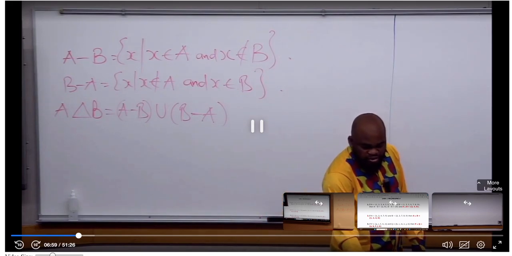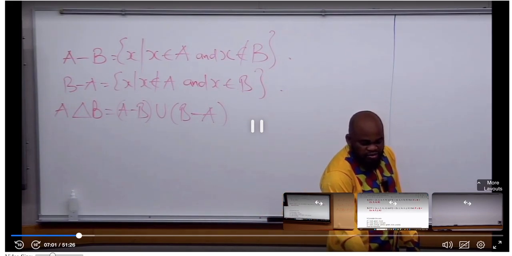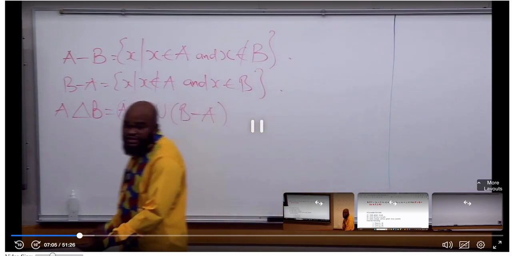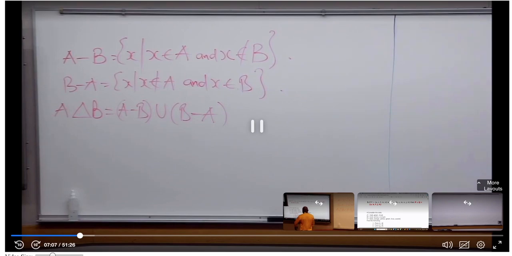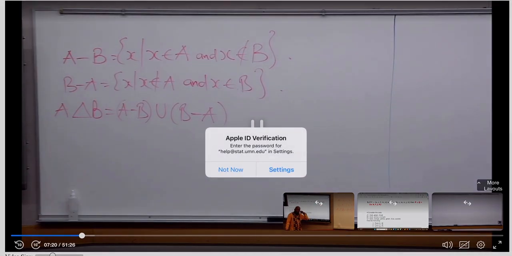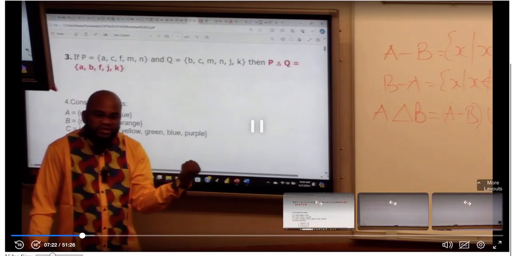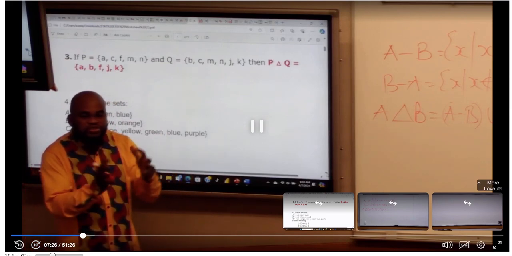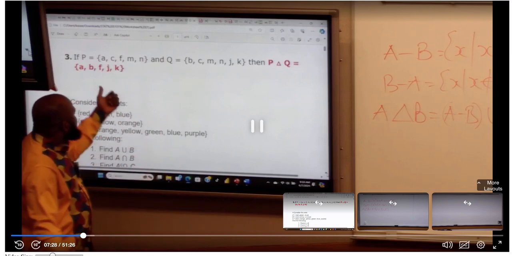If we take a look at question number 3, we have alphabet letters. Anything can be an element. It could be numbers, it could be letters, it could be colors, it could be whatever. Take a look at this one now. You want to find that, so I expect you to find P minus Q first and Q minus P. Then the union of that will automatically give you that.